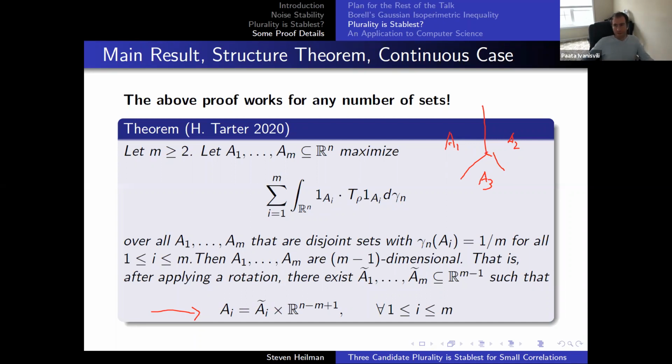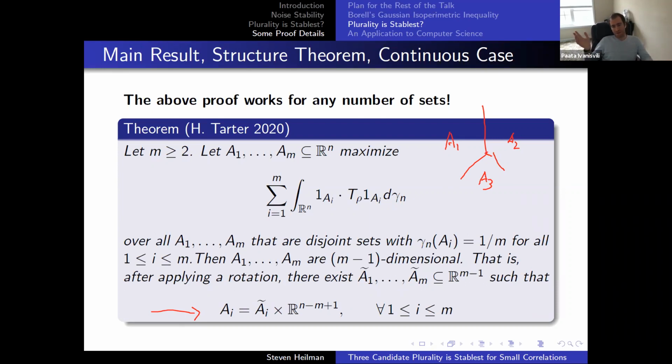I have a question. Sure. So I have seen this proof of Borell's theorem. There is a function of two variables, a very strange function, and there is some kind of Gaussian version of Jensen's inequality. You can think about this integral of indicator function times T rho of indicator function as the probability that the standard Gaussian belongs to A and the rho-correlated Gaussian belongs to A. And there is this proof, which I think is a semigroup proof.